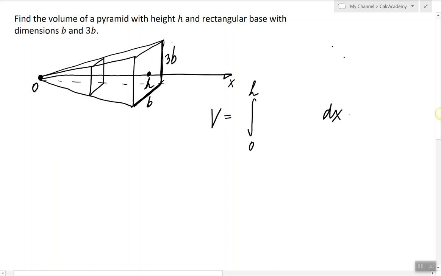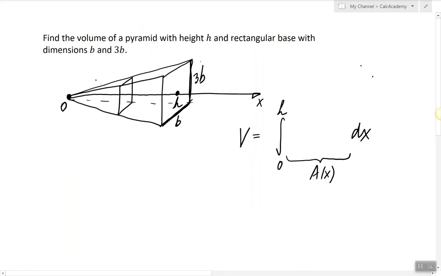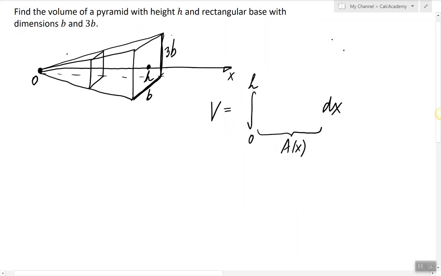We're going to integrate the function with respect to x. And what function are we going to integrate? The function that is the area of the cross section. So now we need to find the area of this cross section as a function of this x.